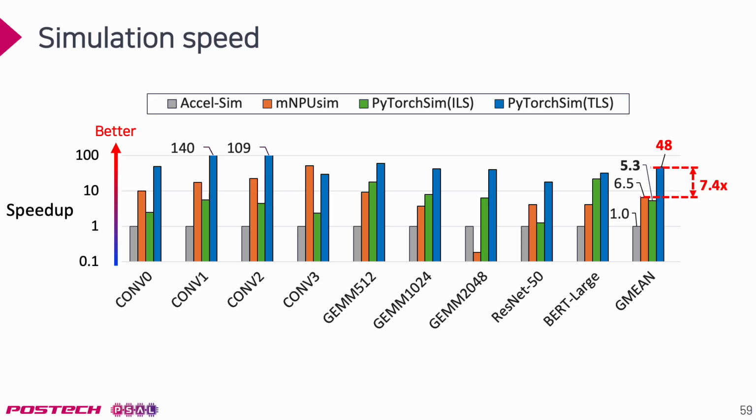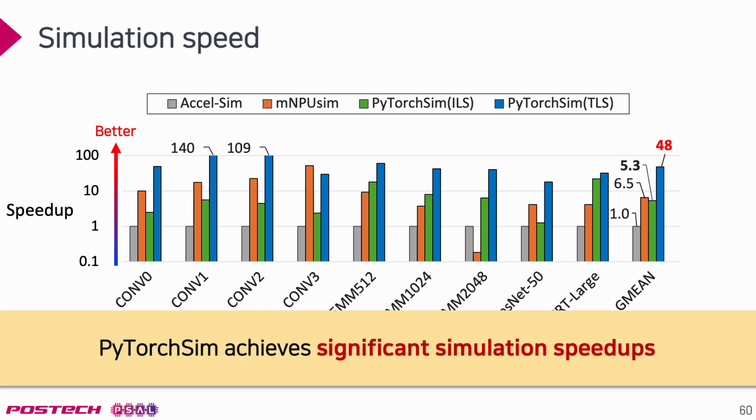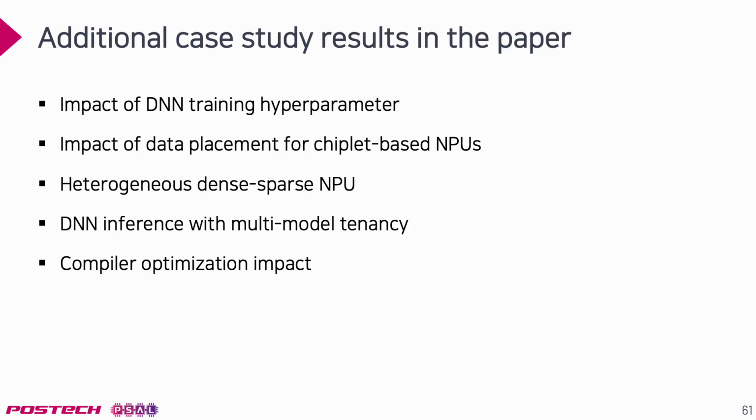And compared to MMPuSim, we can still achieve 7.4x speedup. So we can provide significant speedups compared to other simulators. There are several case studies available in our paper. So if you're curious, please take a look at the paper.